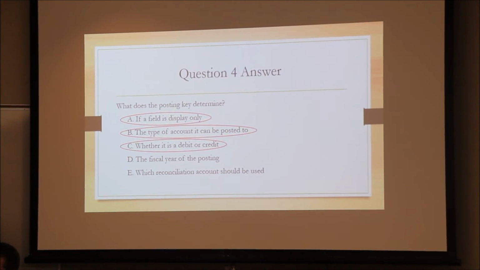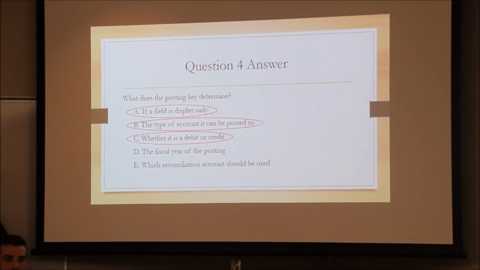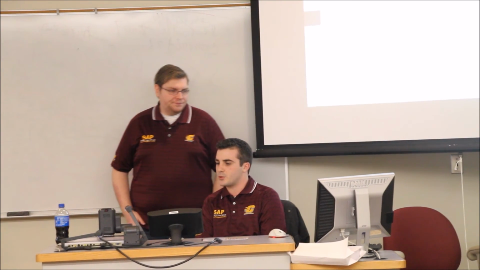Could I elaborate for a second? Yeah. You do this in configuration. There are three different options you can pick within the general ledger: display, not display, and I can't remember the third one. If the field is display only, that means you can't change it. Say there's a setting in your ledger account that you want to remain unchanged within your system.